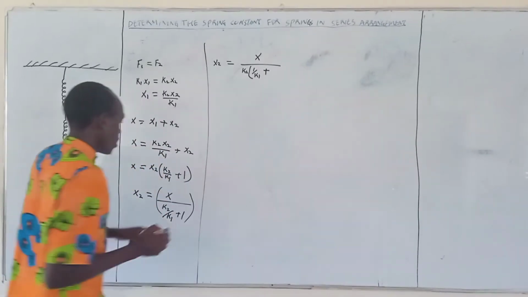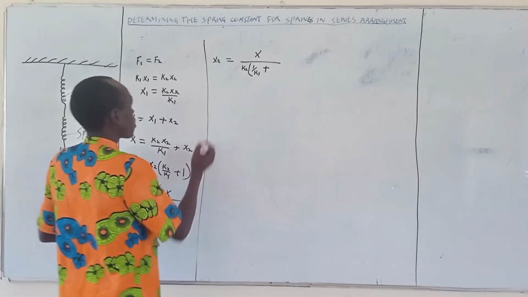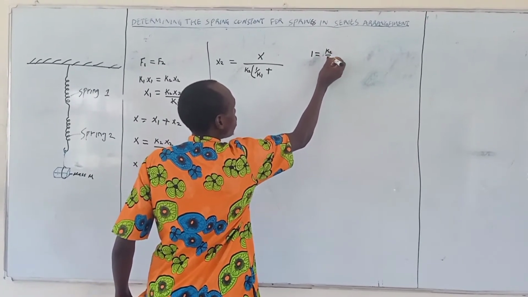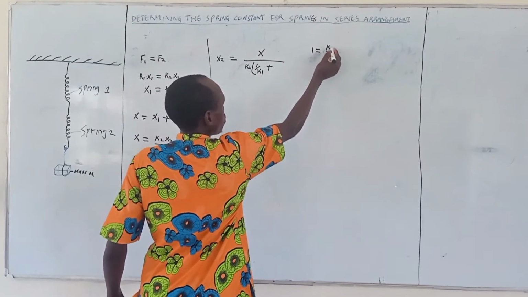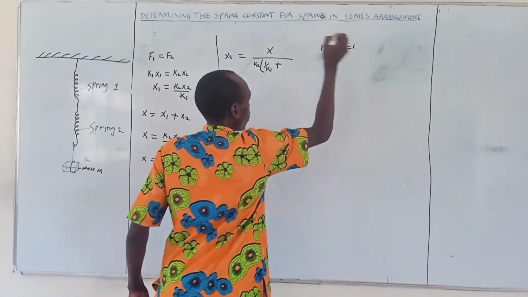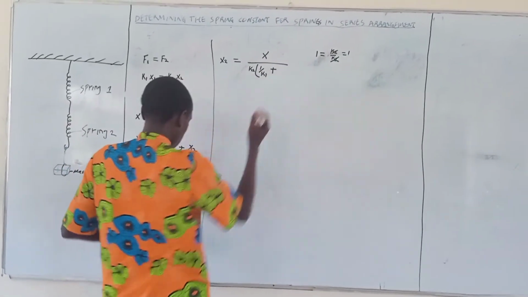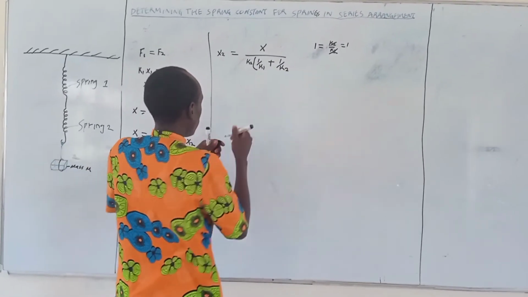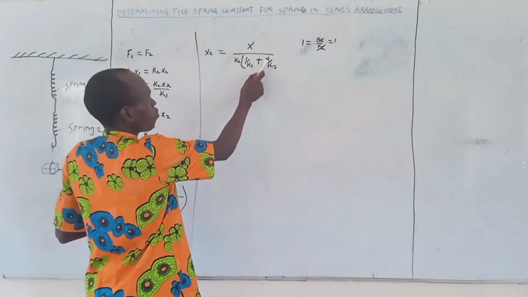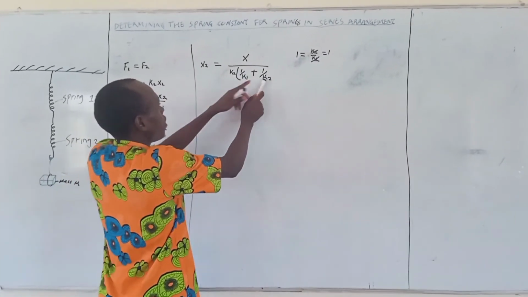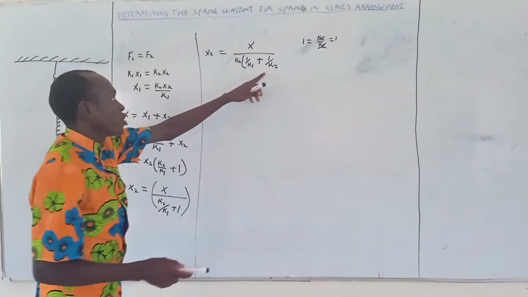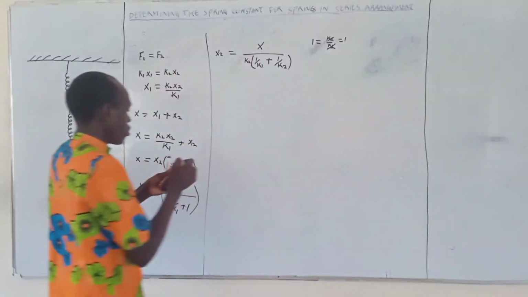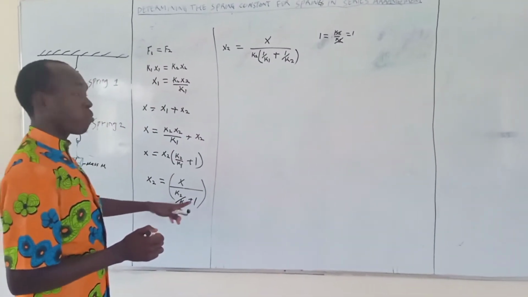Plus this one can also be written as K2 divided by K2, so that this K2 cancels out with K2, and we remain with 1. So we can write 1 as 1 all over K2, so that when we multiply K2 times 1, you get K2 divided by K2, which cancels out to get back to this. So this is now our new format of writing K2 divided by K1 plus 1.